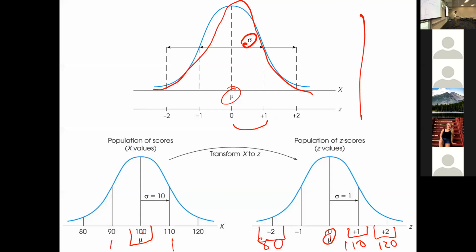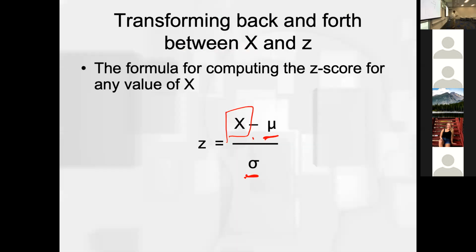Right, so let's do that with our data back here. So we want to see what's the z-score for a population of, 120, when the population has a mean of 100 and a standard deviation of 10.